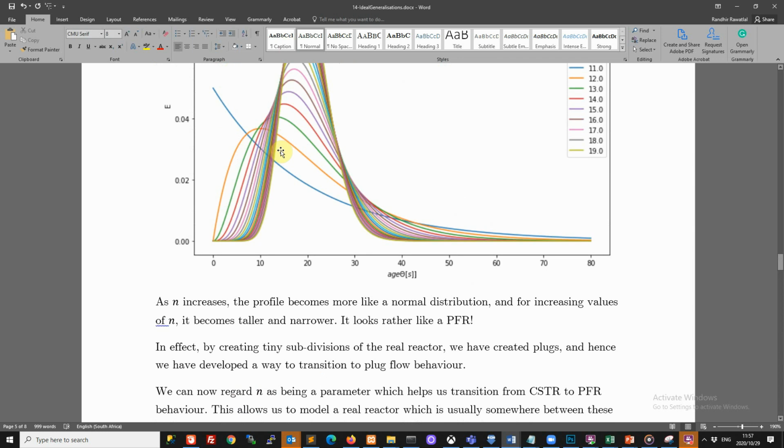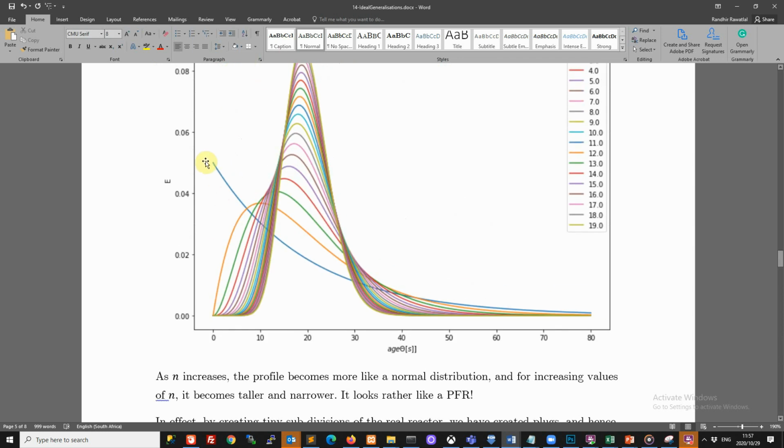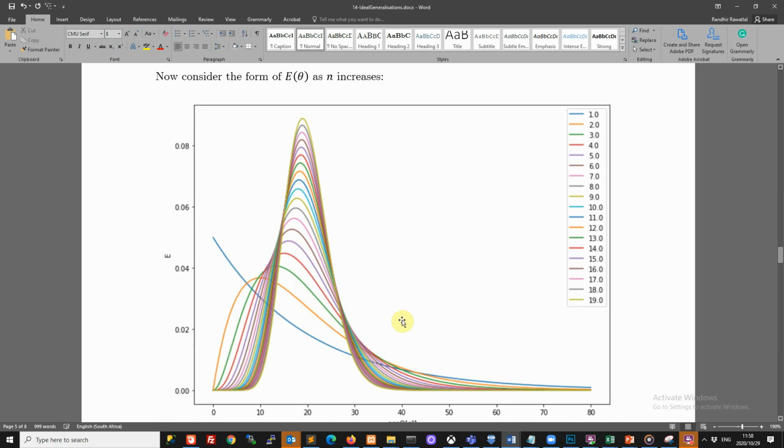And you can see that for the exponential decay, you can't really see any special number for that 20. It's not like on this curve we can see a relationship to that 20. But as you apply larger values for n, you can start to see that the curve becomes centered around that 20. So for large values of n, the tanks-in-series model looks very much like a PFR.